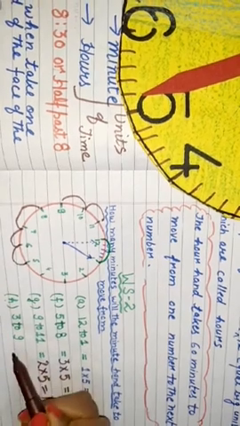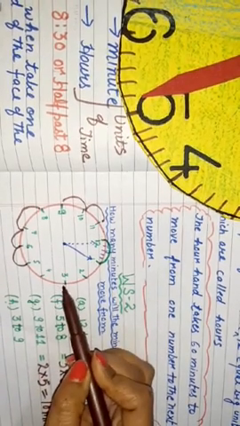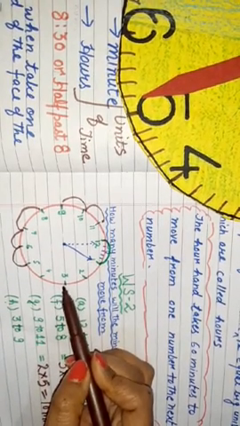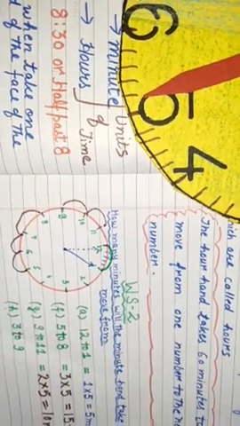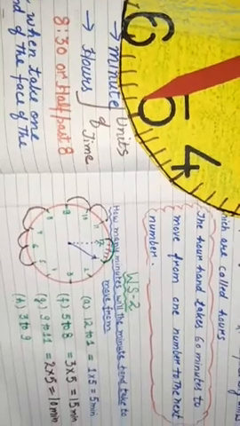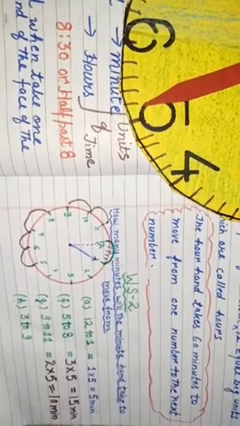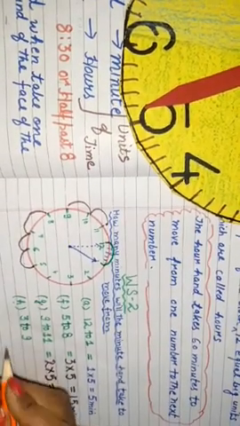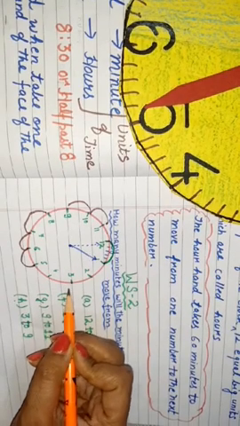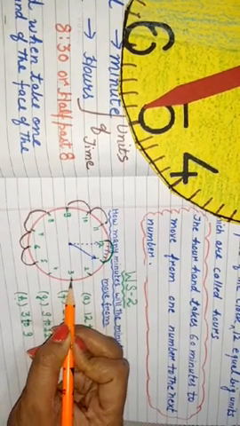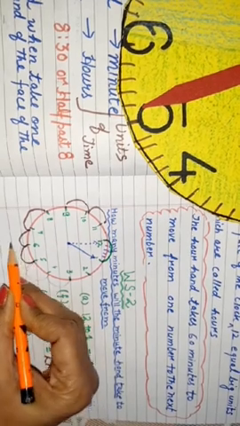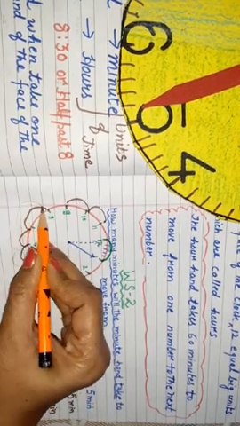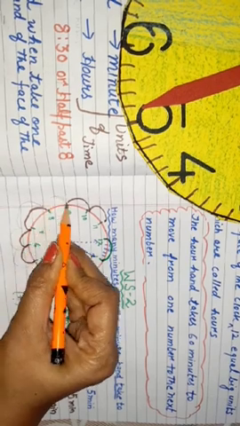Next is 3 to 9. So let us count now. 3 to 9, how can we calculate? Let us count 1, 2, 3, 4, 5 and 6.